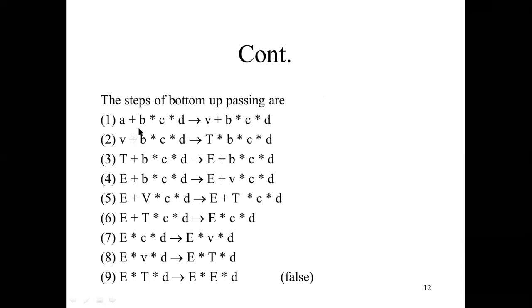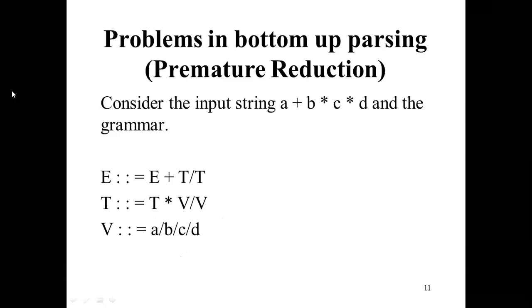Okay, so we have this a plus b star c star d. This is the input string. So first we will write this. We will start from the input string if we are using bottom-up parsing.